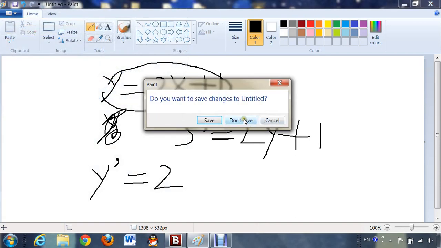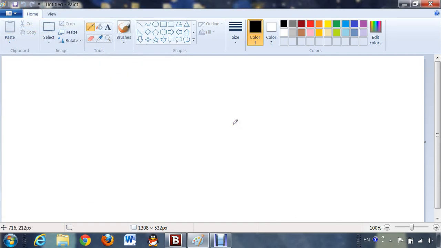In the calculus that we're learning, we mostly take the derivative of a function. We do a lot of derivatives of functions. So now let's talk about all the rules of taking derivatives.